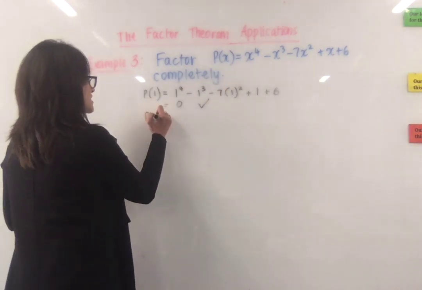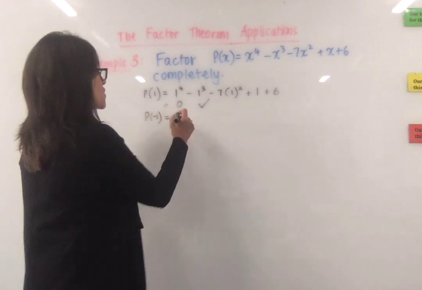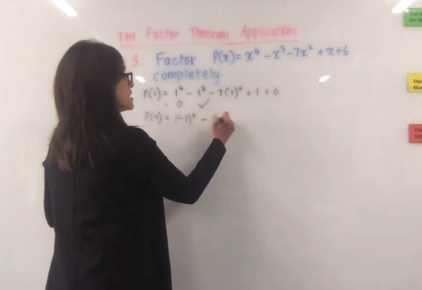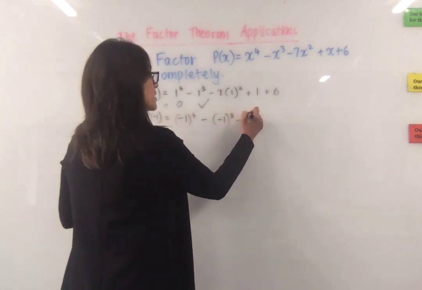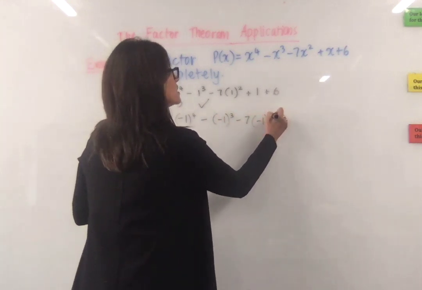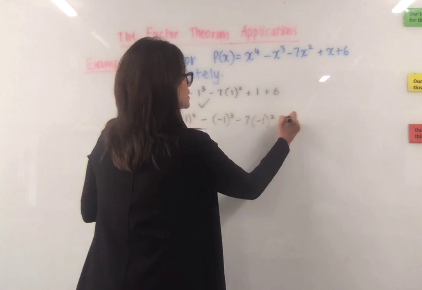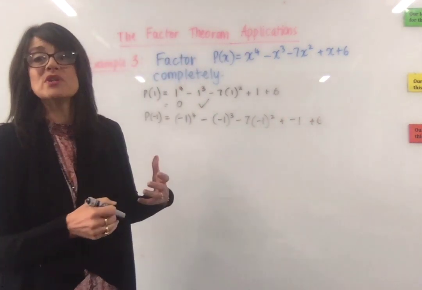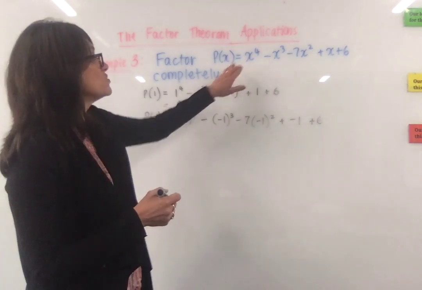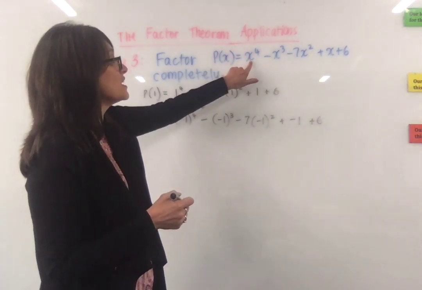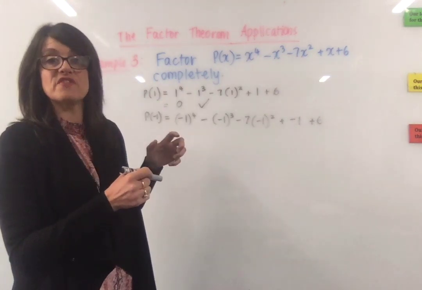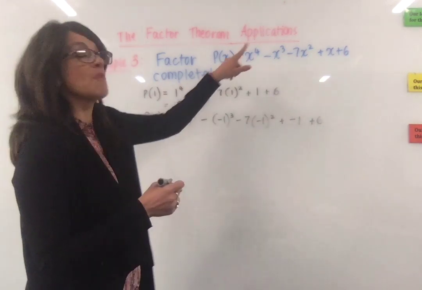Now we're going to test if negative 1 is a factor. So negative 1 to the power of 4 minus negative 1 cubed minus 7 times negative 1 squared plus negative 1 plus 6. Now remember, this is really easy when you've got your calculator, because if you're typing each of these in brackets, then you just go back and use your edit function on the calculator and change the number you're substituting.